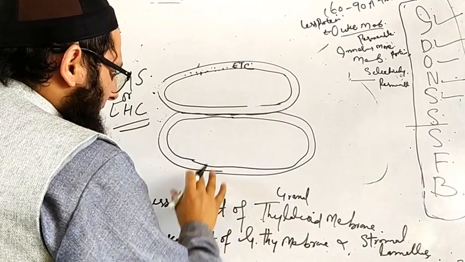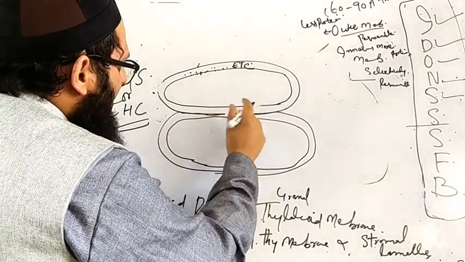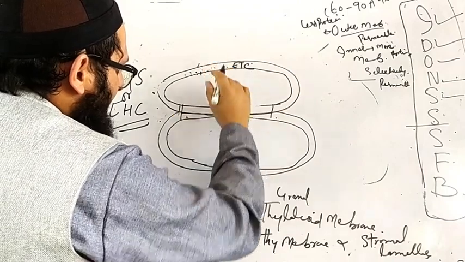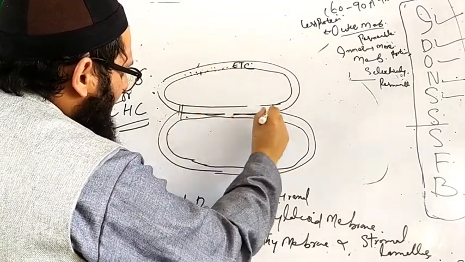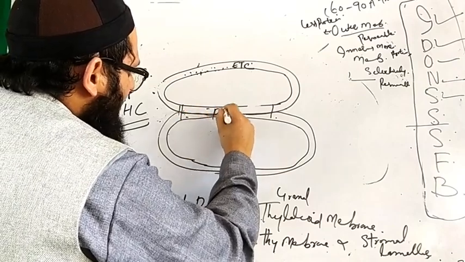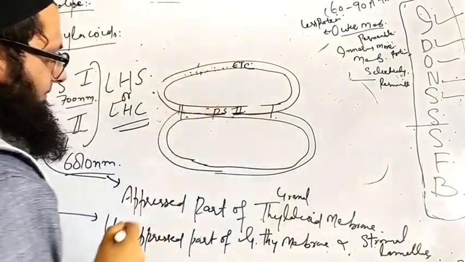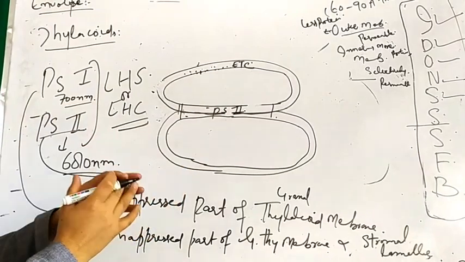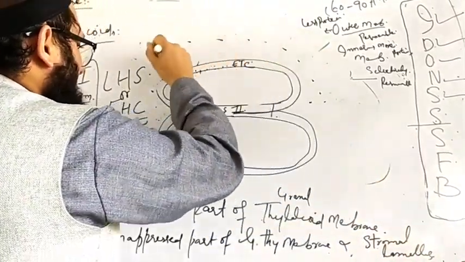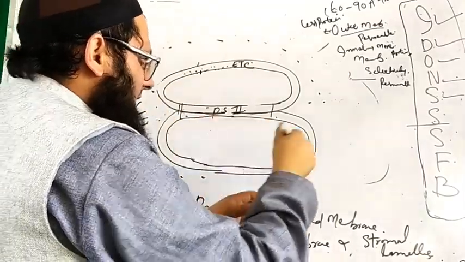So the appressed part is that part where these two membranes combine together, one upon another like this. This part we call the appressed part, and in this part we have photosystem second present. So this appressed part is not in touch with the stroma because it is surrounded by the stroma, it is present within the stroma.